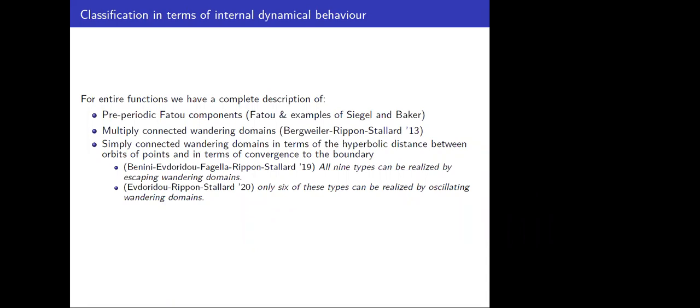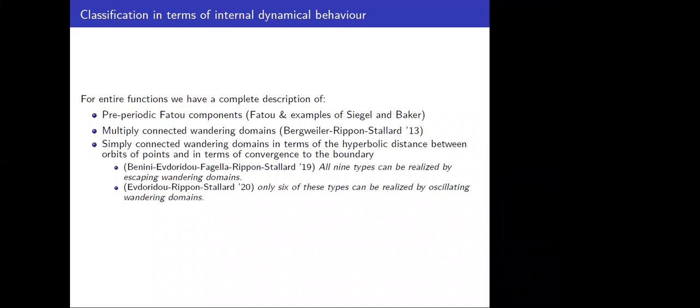In terms of their dynamical behavior, we have an almost complete classification in many cases of Fatou components. For example, we have a complete classification of pre-periodic Fatou components. This is due to Fatou and examples of Siegel and Baker and so on.